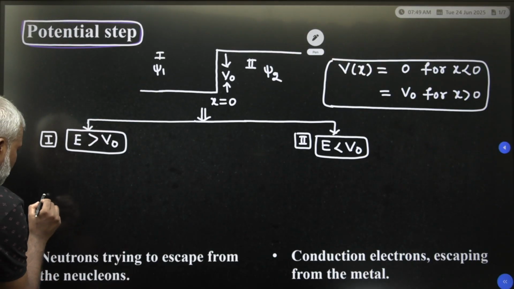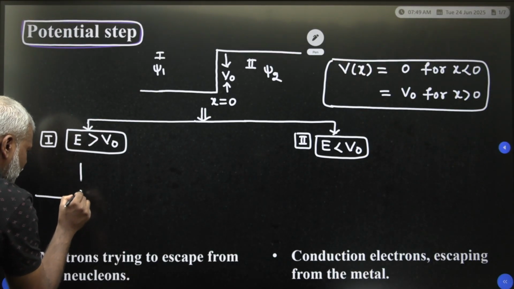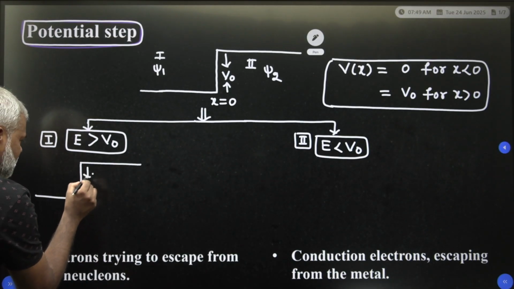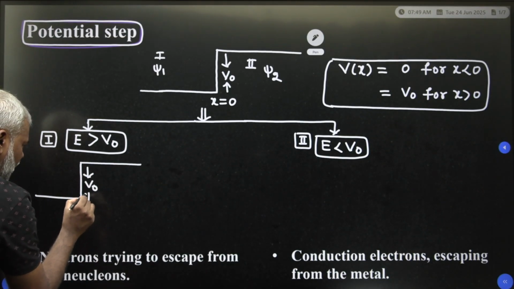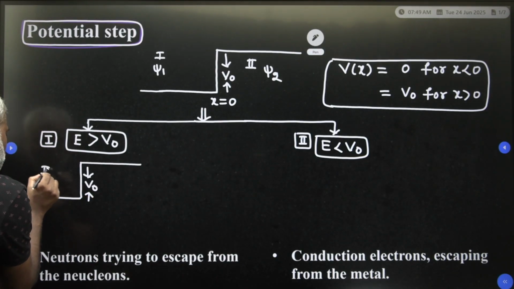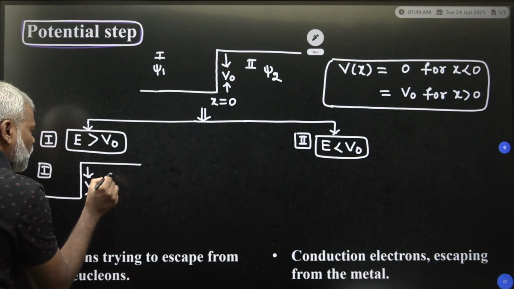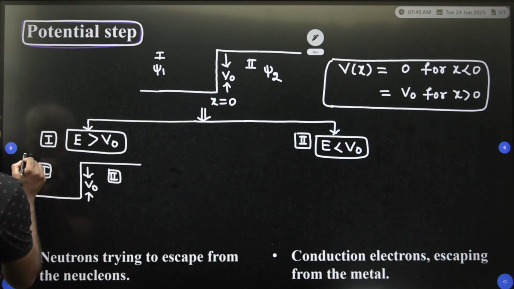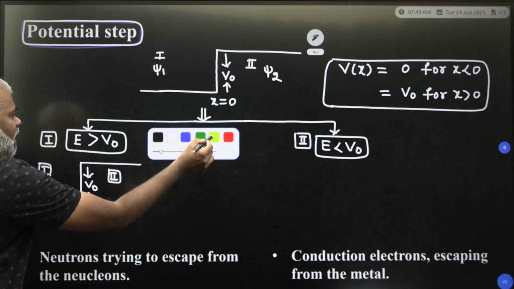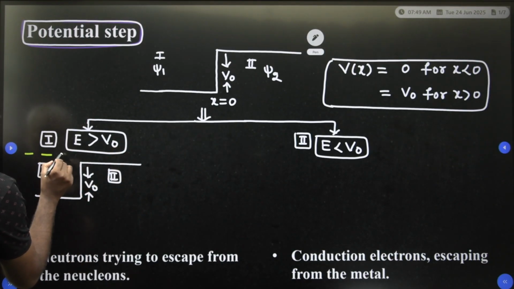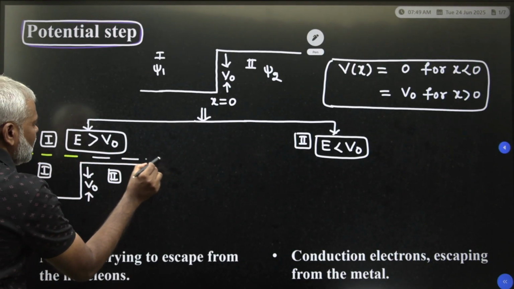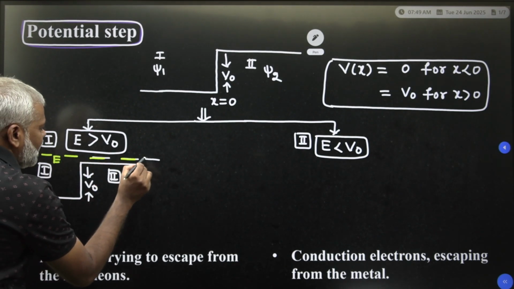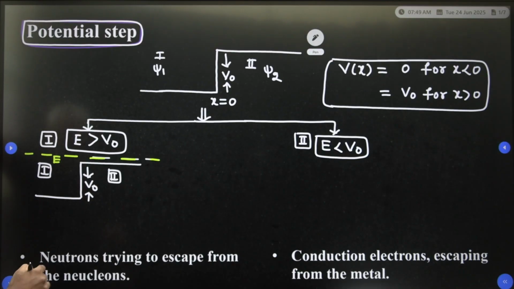Now how do we draw this? For E greater than V naught, this is V naught, the height of the barrier. This is the first region and this is the second region. This E, the energy of the particle, is greater than the height of the barrier.